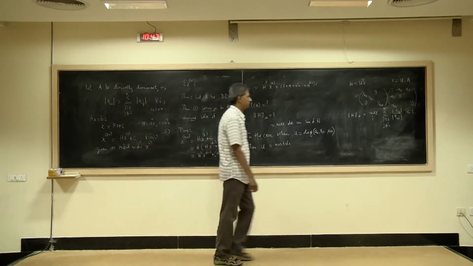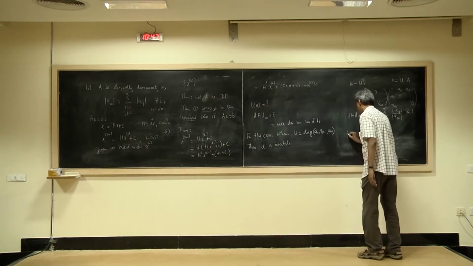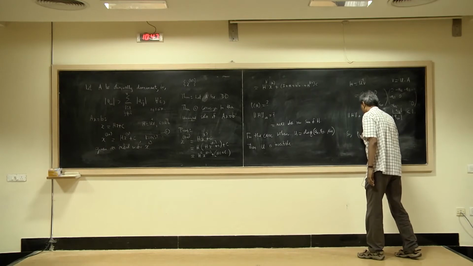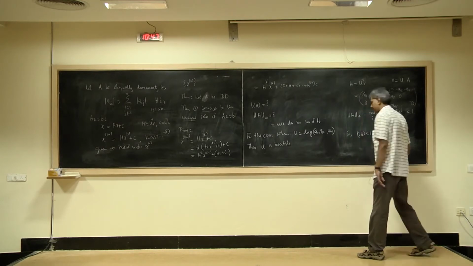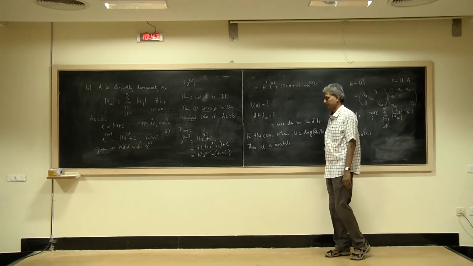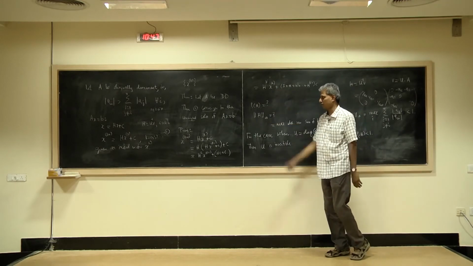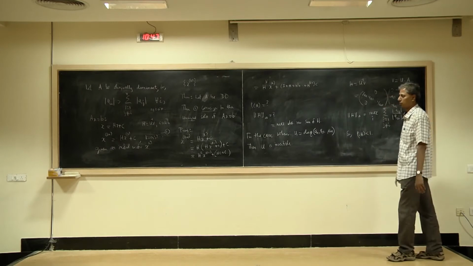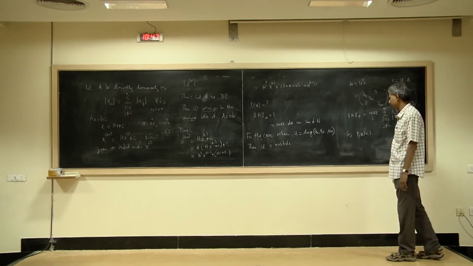And so the spectral radius of H is less than 1. See, I am doing all these calculations after stopping with this calculation for this X case. So the spectral radius of H is less than 1.